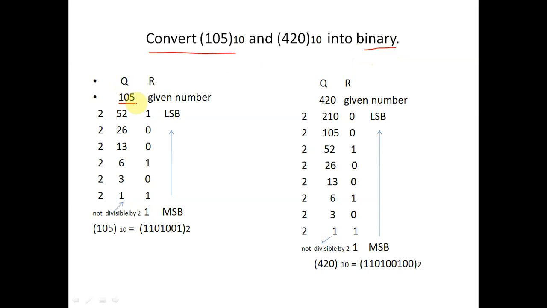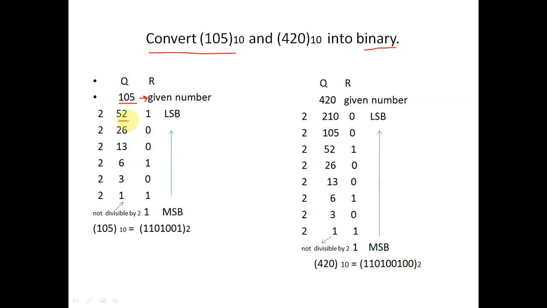So this is the given number, 105. This given number is divided by its base. This given number is converted into binary, so binary has a base 2. So 105 is divided by 2. Then quotient is 52 and remainder is 1.